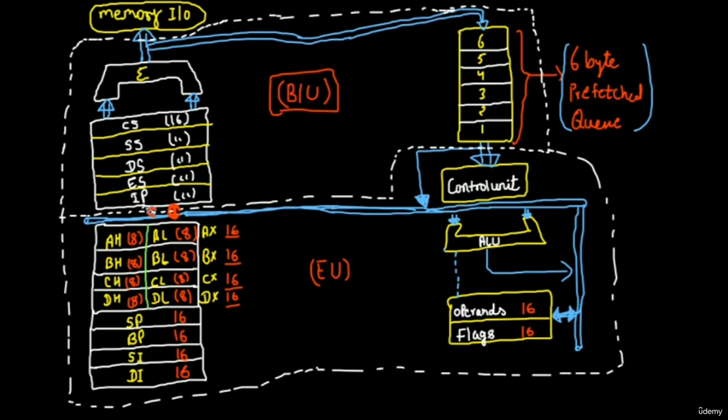Okay, let me introduce you to the core parts of it. This area right here that you can see is representing the prefetched queue. This is a 6-byte prefetched queue. Just imagine like 6 people can stand here in the queue till they are called inside.